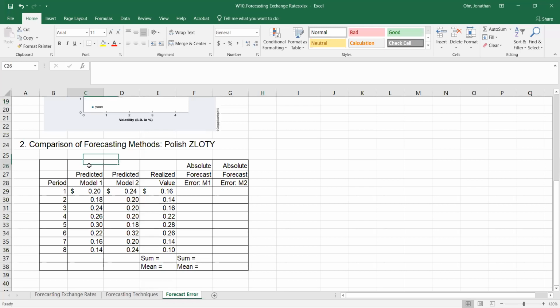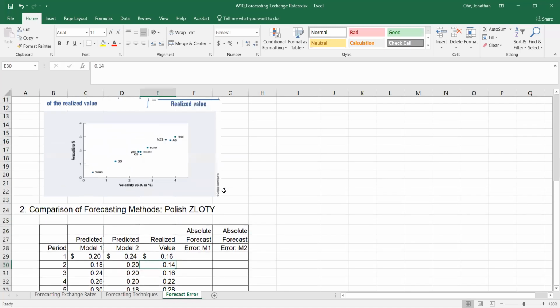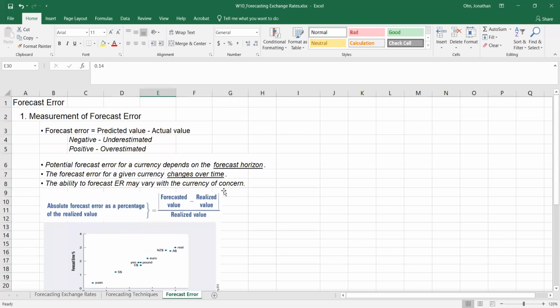Now there are two approaches, model 1 and model 2, and let's evaluate these two. Again, the tool for evaluation is to calculate the forecast error. Let's use the absolute forecast error as a percentage of the realized value.